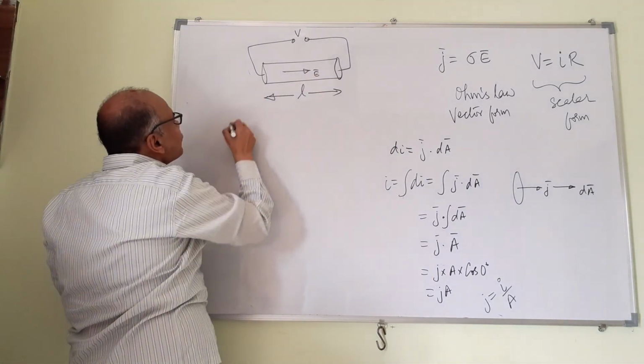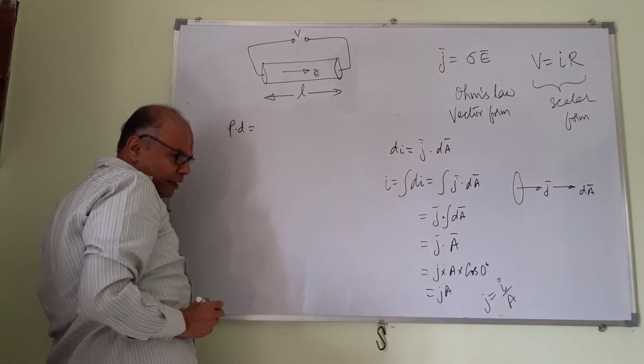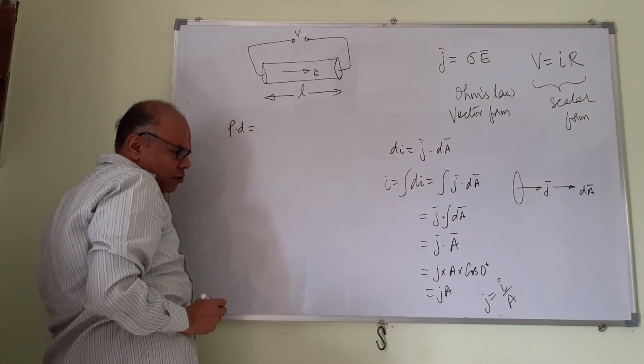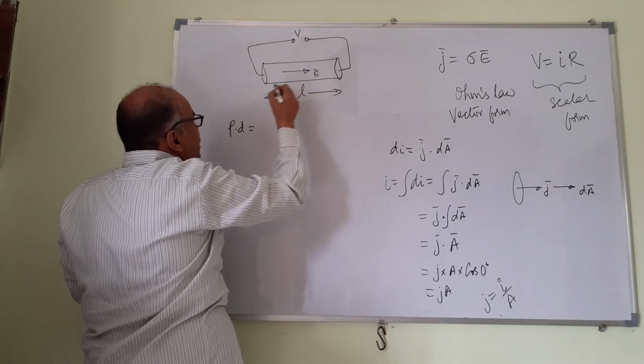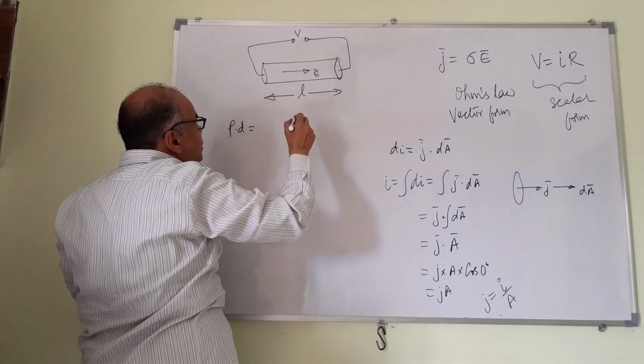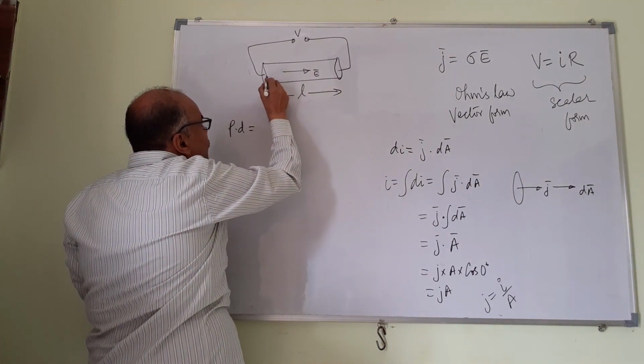Now the potential difference is defined as the work done by the electric field per unit charge. Potential difference between 2 points is the work done by the electric field in moving a unit positive charge from one point to the other point.